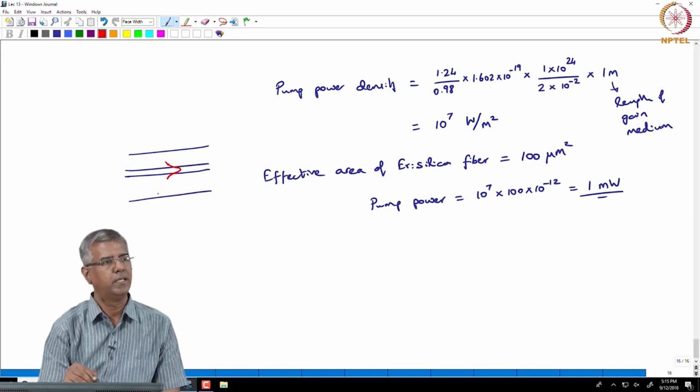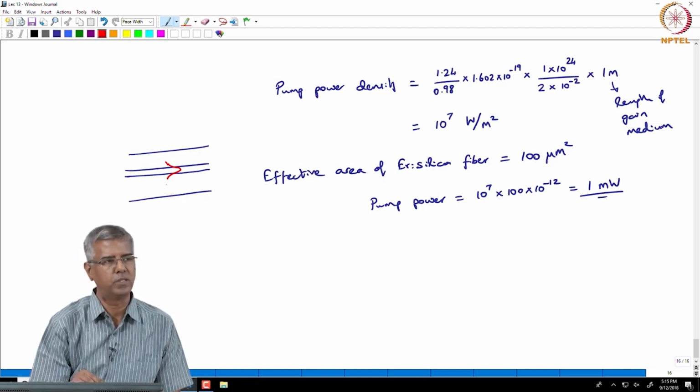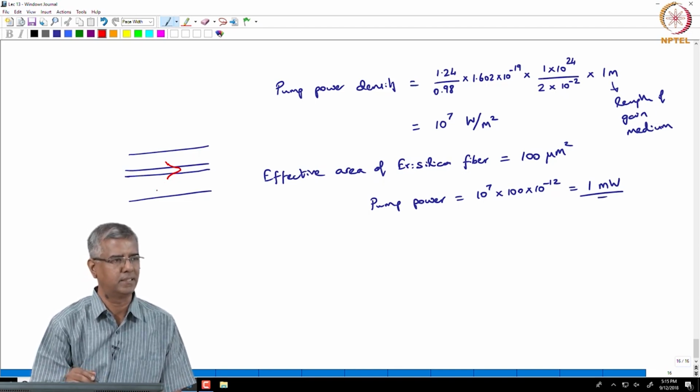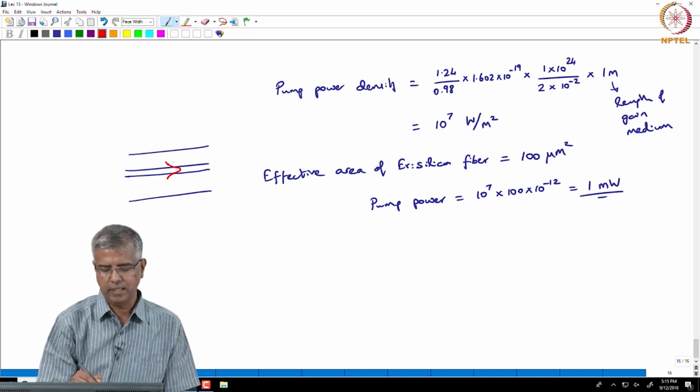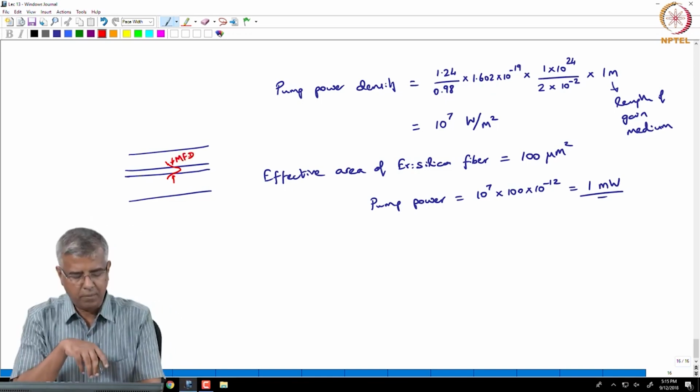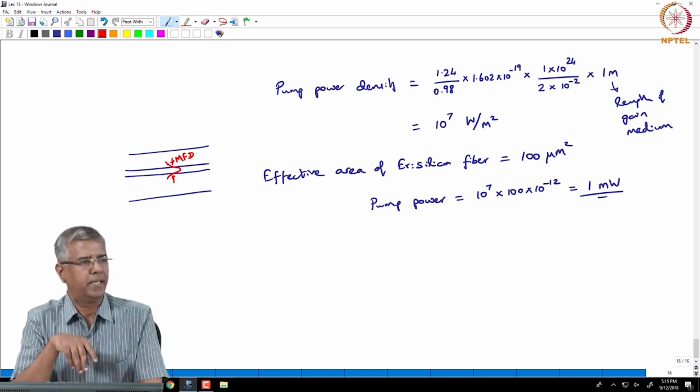And we actually said that this corresponds to a certain mode field radius, right, and a certain mode field diameter. So, from that mode field diameter you can calculate the effective area.